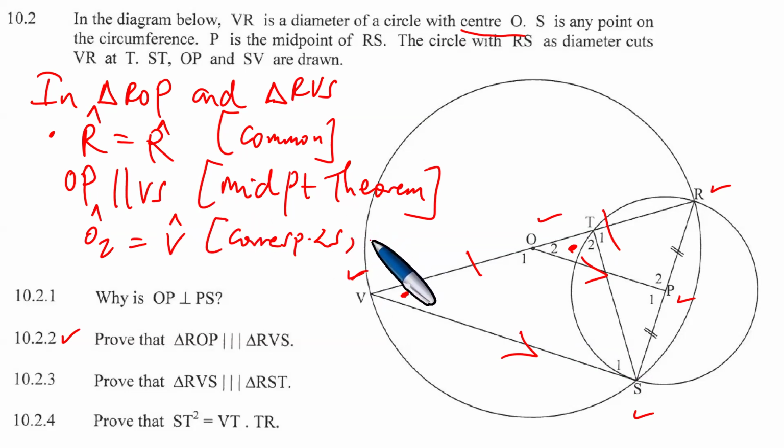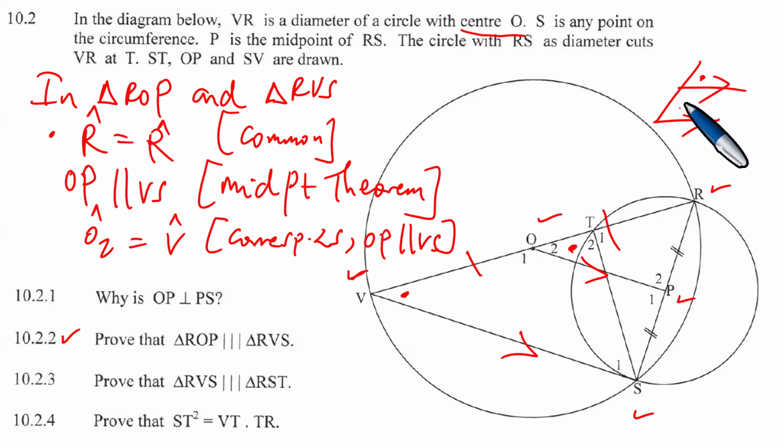Why the corresponding angles? Because OP is parallel to VS. Because if OP is parallel to VS, then you have these angles, they're called corresponding angles. Grade 10. If this is parallel to this, then this angle equals this, which are corresponding angles.